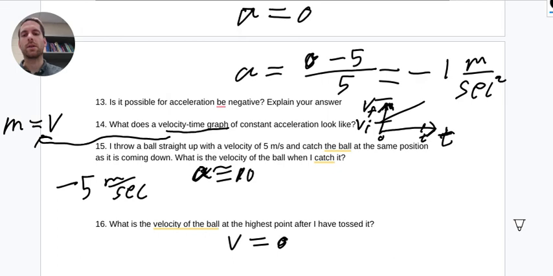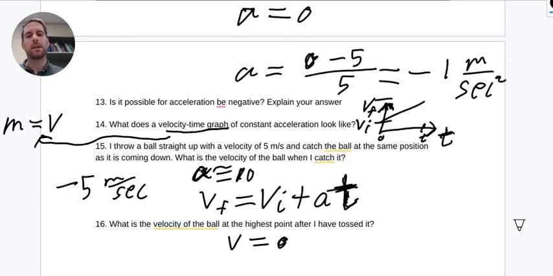And now we can use this equation. V final equals V initial plus A t, just solving the acceleration equation for V final. And from here, we can plug in all our values to find the time.